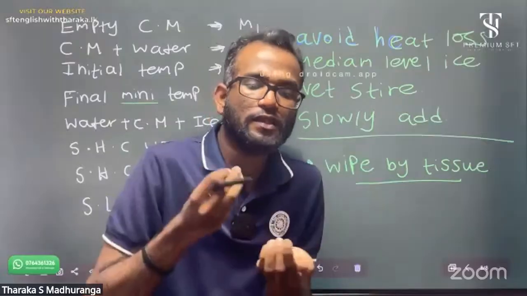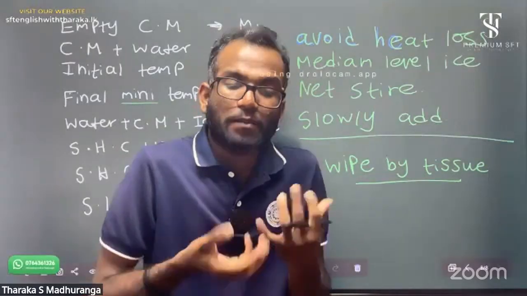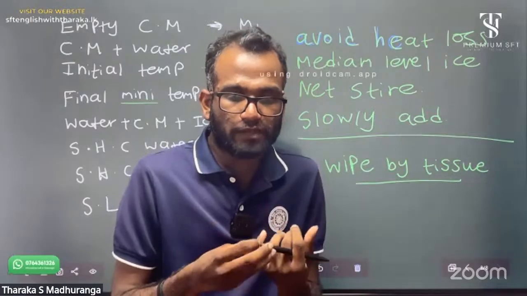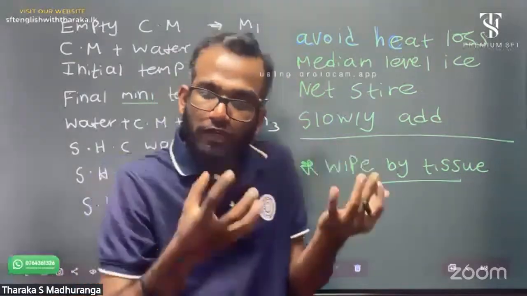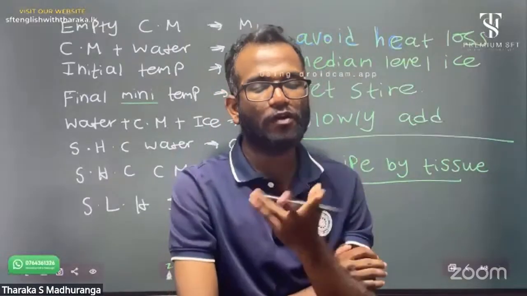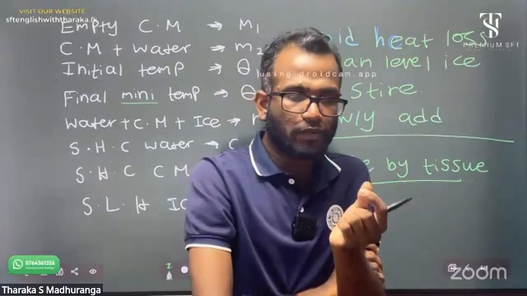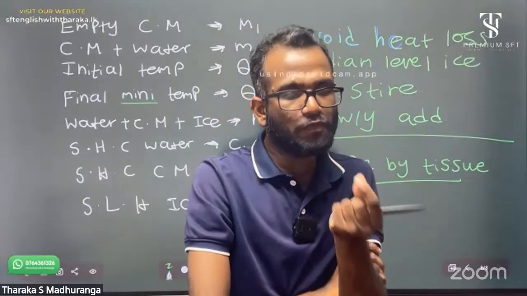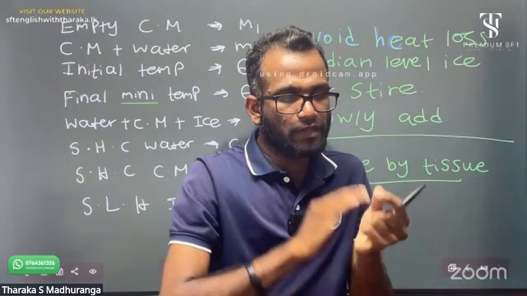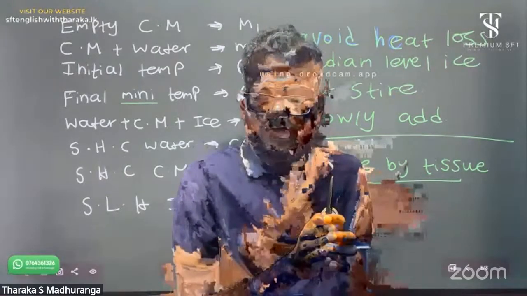Even if we add it, the experiment will have errors in the mass, the melted mass. Completely melted where? Within the water, due to the absorption of heat from the water. Therefore, before adding, we have to wipe each ice cube with tissue paper. Okay, are you clear on the experiment?